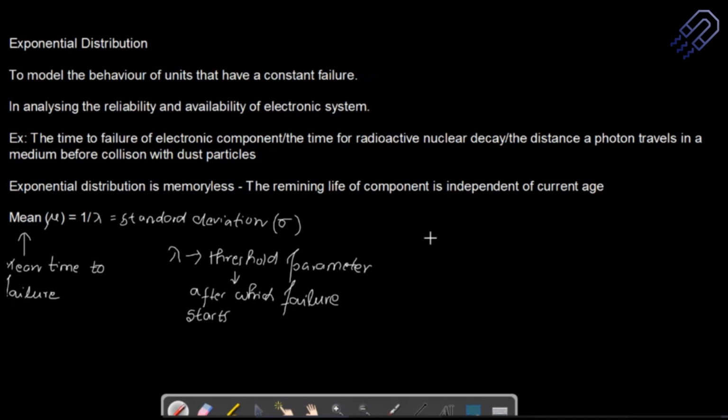So if we just write down the distribution here, if we consider x to be the failure, okay, let x be the failure after a time t. Then this distribution can be written as a function of x and lambda, and this will be nothing but lambda e to the power minus lambda x, okay.